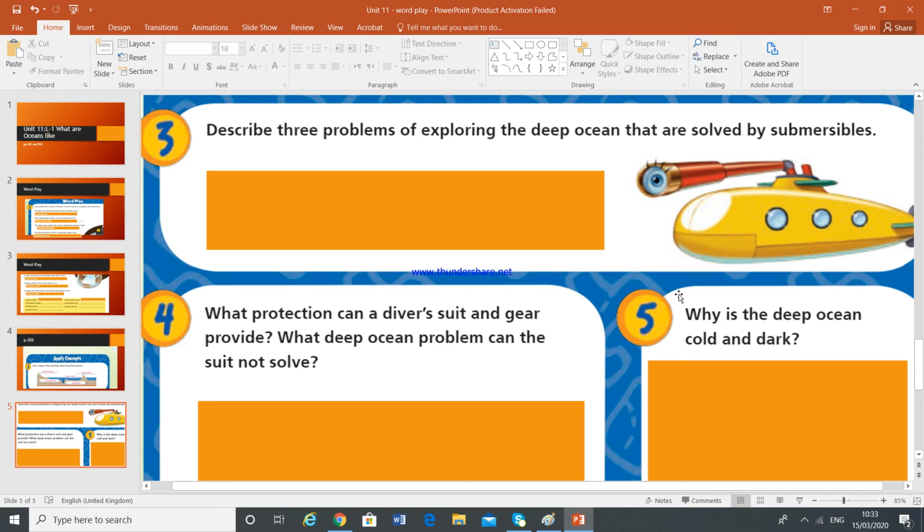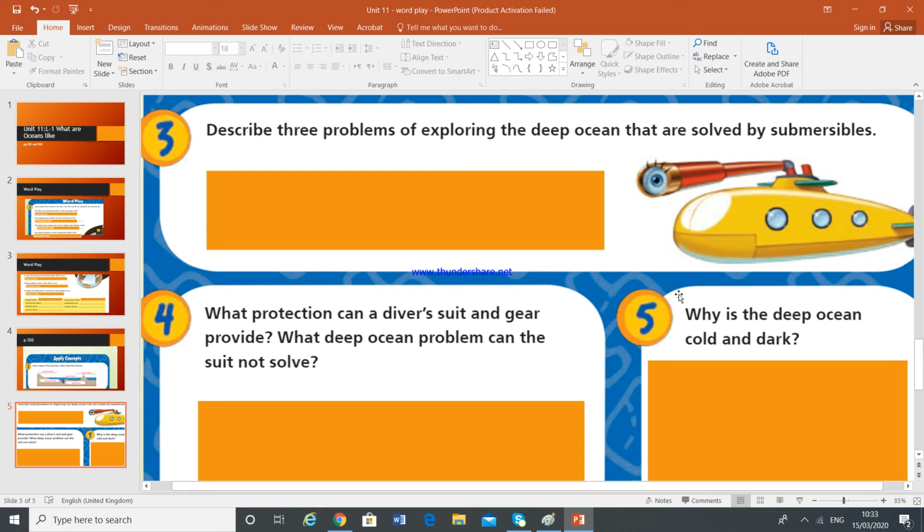What are you worried about when you go deep inside the ocean? And so many of you answered me correctly that you are scared of darkness. Yes, so there are problems like darkness, and of course, were you feeling hot deep inside? No, you were cold. So temperature, darkness, and finally what?